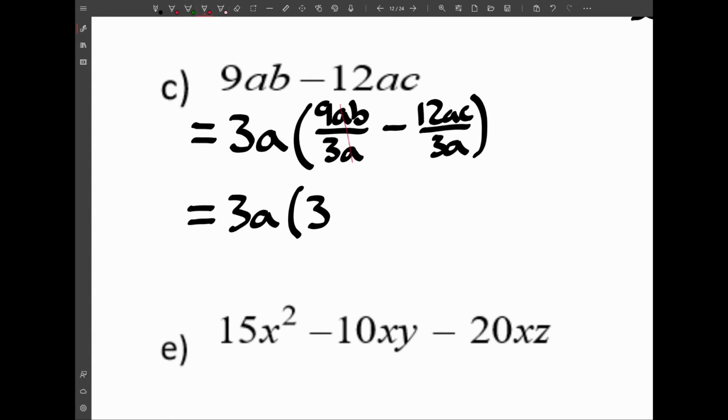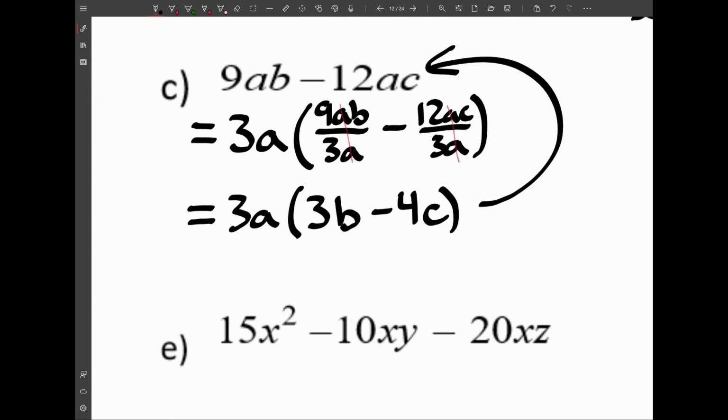The a's cancel out, and we're left with the b, 3b. Negative 12 divided by 3 is negative 4. Again, the a's cancel out, and we're left with c. 3a times 3b minus 4c. And again, to check your work, you just expand it and see if you get back to here.